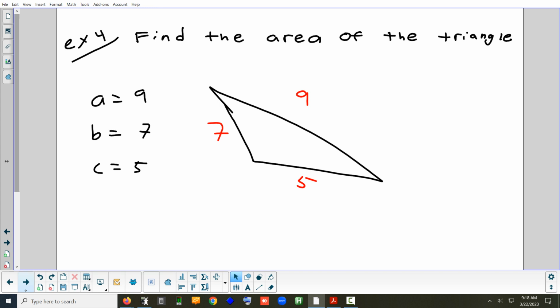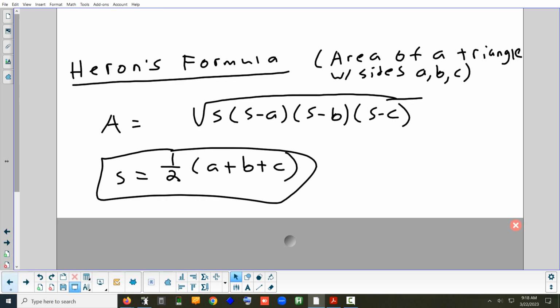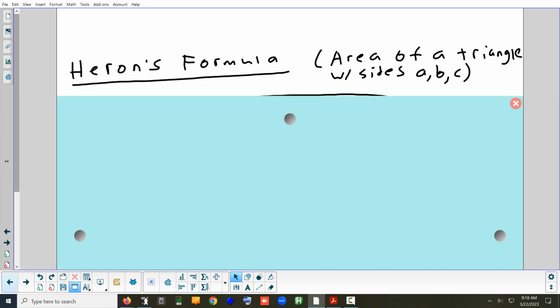Well, there's a shortcut. And the shortcut to figuring out the area of a triangle where you know all the sides is called Heron's formula. We don't go through the proof of this formula, but the proof involves the law of cosines.